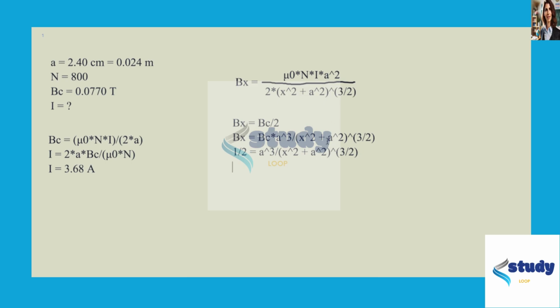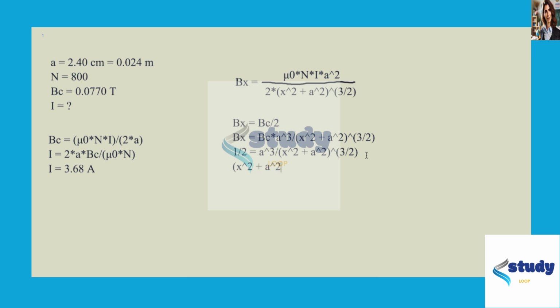Now, we want to simplify this out a bit, obviously, because what we're trying to do here is solve for x. And we can simplify this if we write this out in terms of x squared plus a squared.